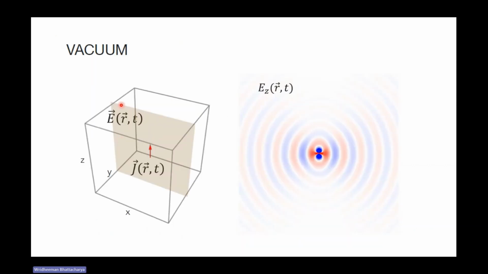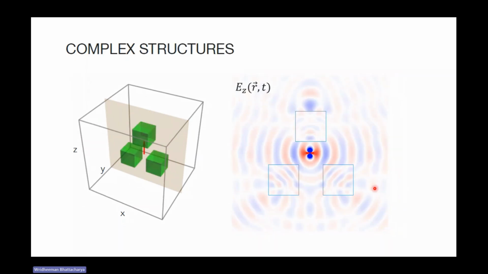So in vacuum, when we shine light, if we place a monitor like this, we could see it like this, right? In vacuum. Similarly, if we keep a complex structure like this and give the mesh cells, different mesh cells constituting this, we could see how the electric field is behaving across them, right?